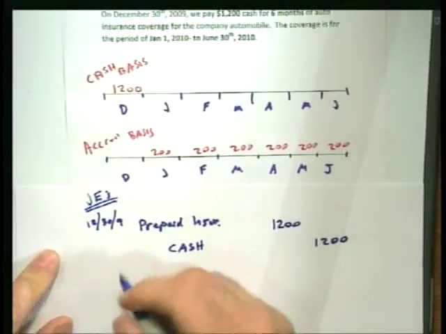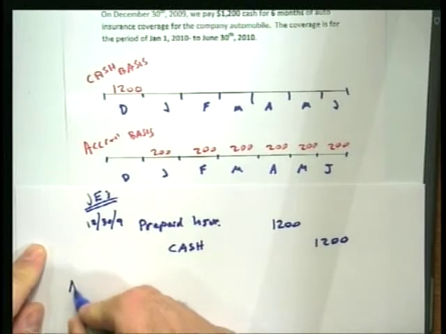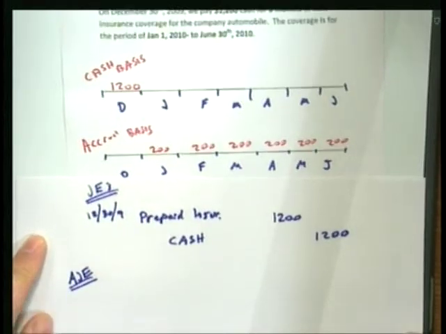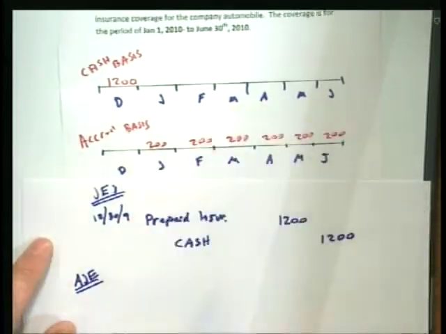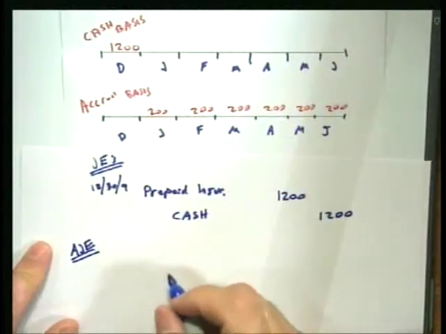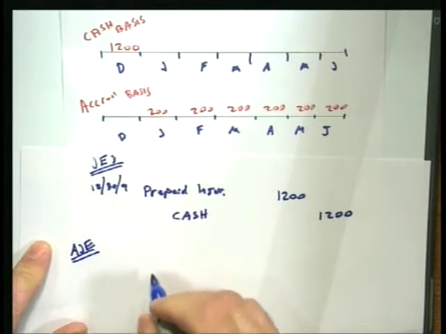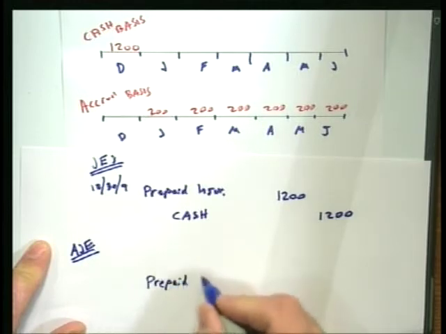This is actually the adjusting journal entry that we make, and I'll abbreviate that AJE. We are going to decrease our prepaid insurance. How much did you say was used up?